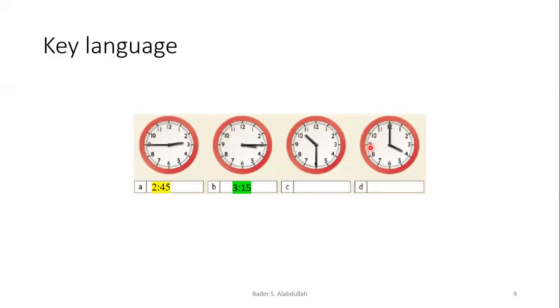This one is 2:45, 3:15, 10:30, and 4 o'clock. Okay, that's easy, right? So how do we express time and what prepositions do we use with time?